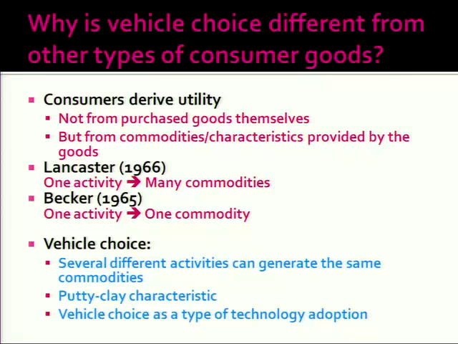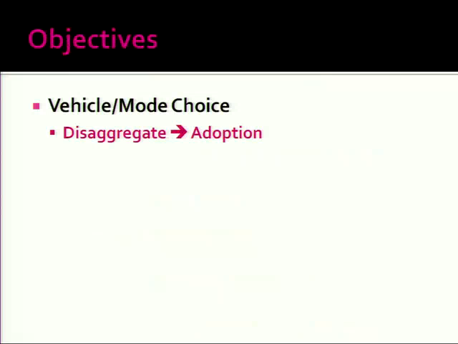Okay, so some of our objectives in going through the study were, first, we want to figure out how people choose their cars. Okay, so on a disaggregate level is what we call technology adoption. Disaggregate level means that we are looking at households or individual people. So on an individual, smaller scale, how do they choose to buy this car versus the other car or no car at all, for example.